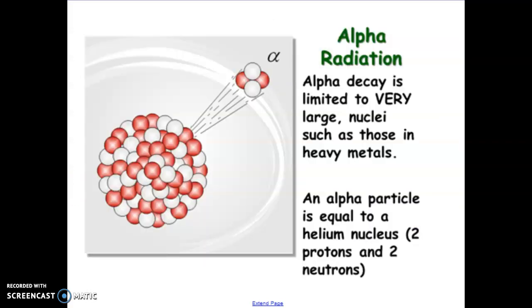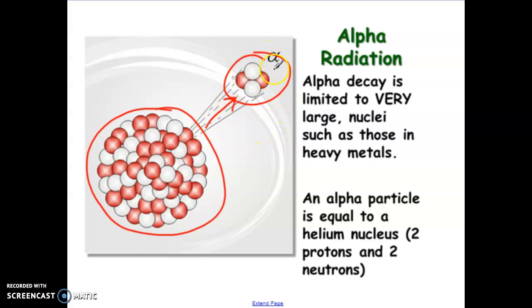Okay, so we'll come back to look at beta, but let's look at alpha again. We'll recap this. So here is the original nucleus. Notice how they're showing this particle flying off of this nucleus. This is what happens during alpha decay or alpha radiation. A piece or a fragment of the nucleus breaks off that's composed of 2 protons and 2 neutrons.